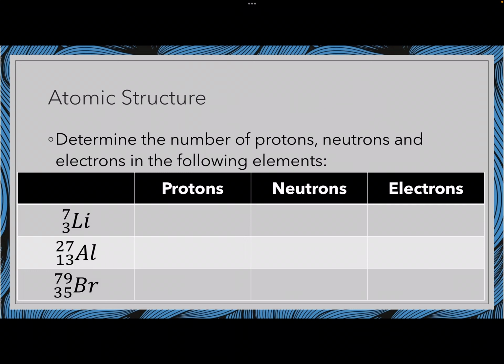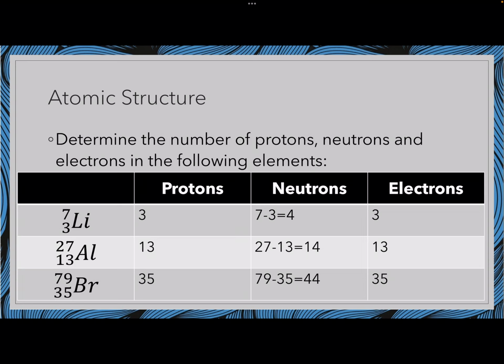Okay, so hopefully you've had a go at that. Let's go through the answers. Lithium-7: we've got the atomic number of 3 and mass number of 7. That gives us 3 protons for lithium, 4 neutrons, and 3 electrons. Aluminium-27: 13 protons because that's the atomic number, and 27 take away 13 gives us 14 neutrons.